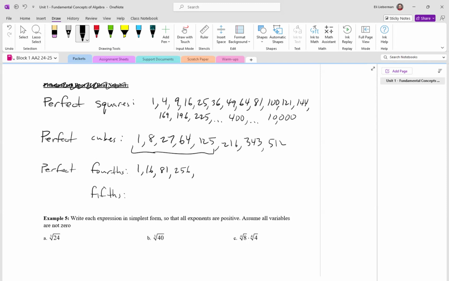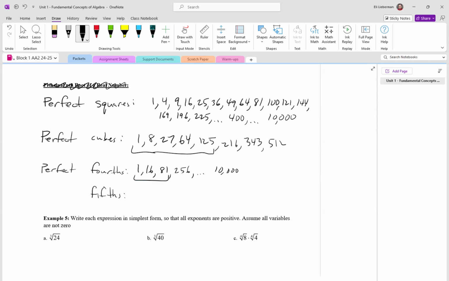I don't know. There's one easy one up there. What is it? 10,000. 10,000 would be 10 to the 4th, of course. Yeah, I do expect you to have 16 and 81 at your fingertips.